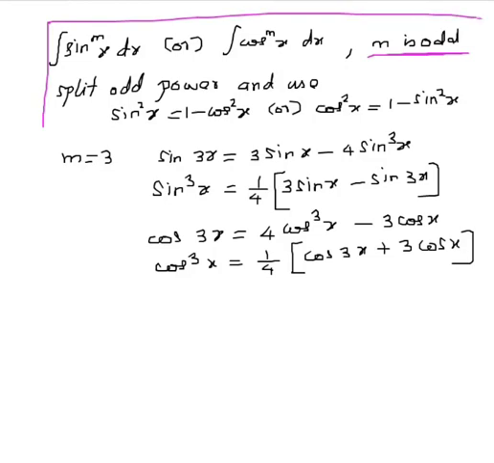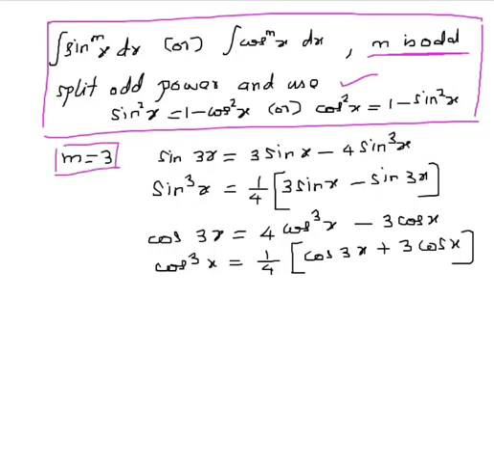So this is the next formula. If the power is an odd power, that is power 5, power 7, etc., you may use the splitting the odd power method. Whereas if m is 3, this method will be easier using this identity, or you may use the splitting the odd power method also.